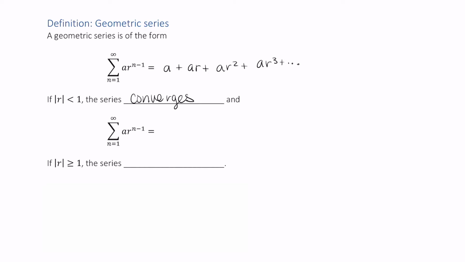And if it's convergent, then we know that the sum actually equals a divided by 1 minus our common ratio. And now, of course, again, I have to stress that the absolute value of the common ratio has to be less than 1. If that's not the case, so if the common ratio is greater than or equal to 1, then the series diverges.